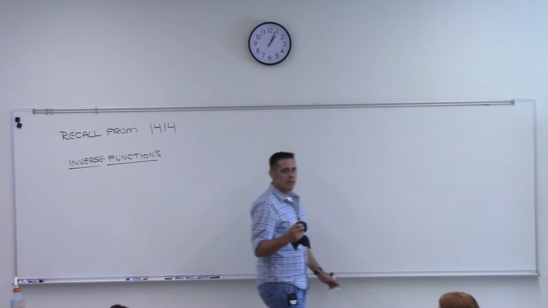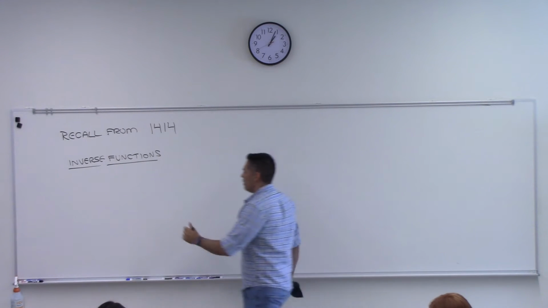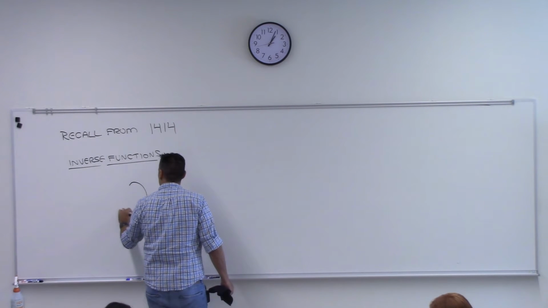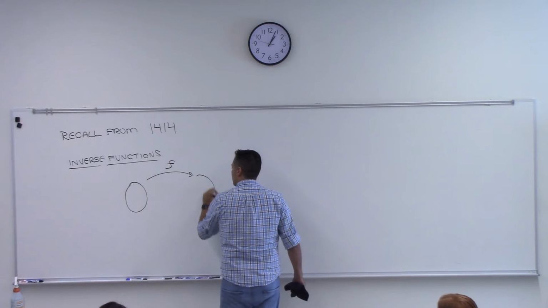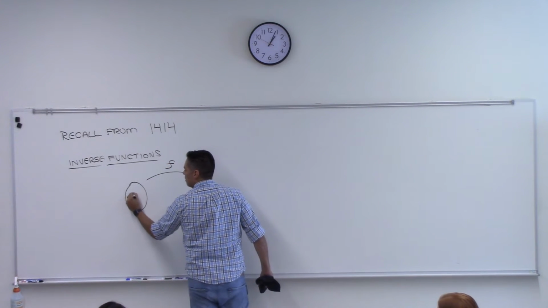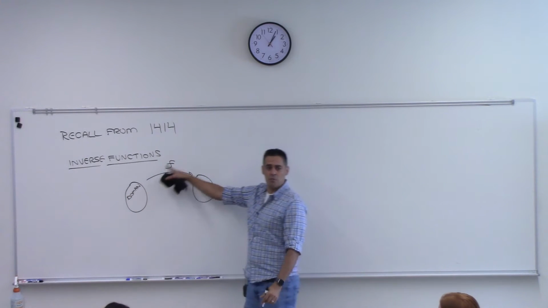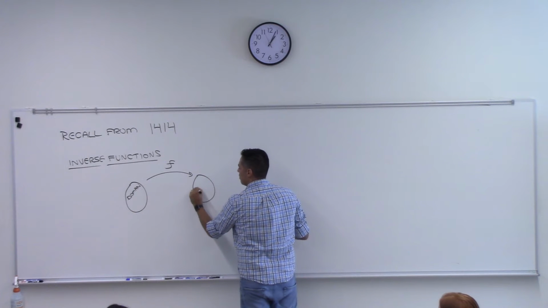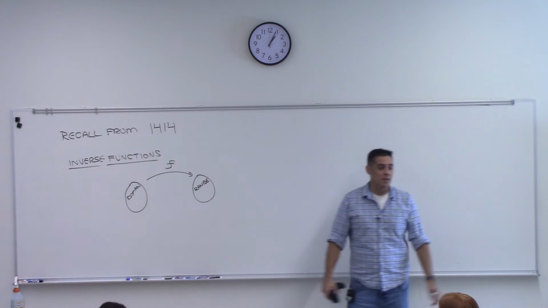So the concept of an inverse function is pretty simple. The idea is that if you start with our classic picture of some function f that has some domain, those are numbers that you plug in, right? They go through the function, they come out on this side, you've got the range of the function. That's our standard picture of some function f.